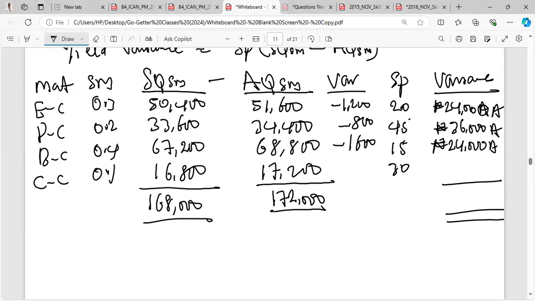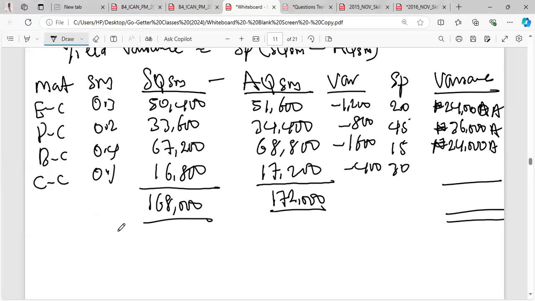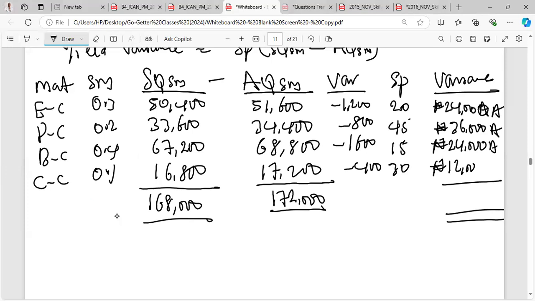Then we have 16,800 minus 17,200. That gives you minus 400. 400 times 30 gives you 12,000 adverse. Everything here was adverse.